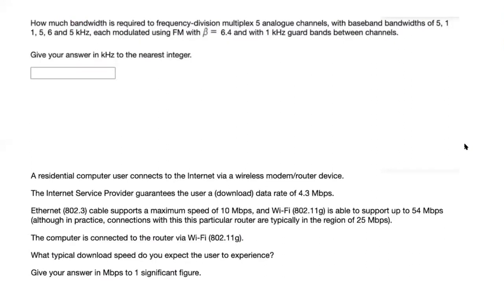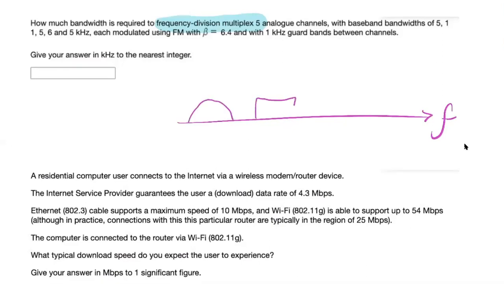This question is about frequency division multiplexing. So we have a frequency axis and we have a number of radio stations. Okay, how many radio stations? 5. So we have 5 FM radio stations.